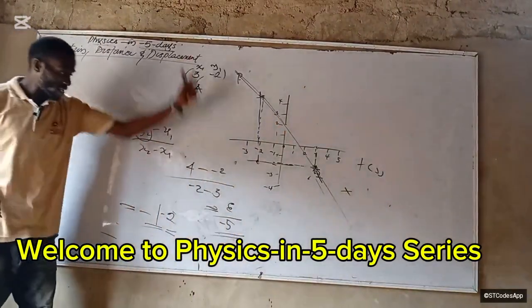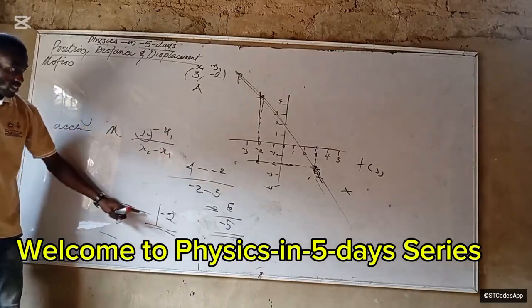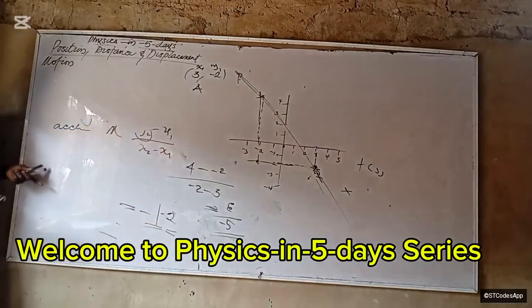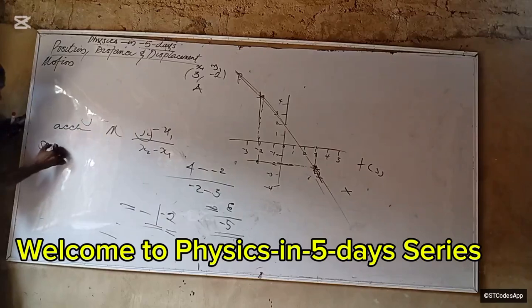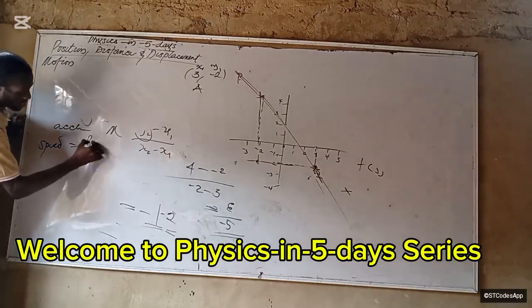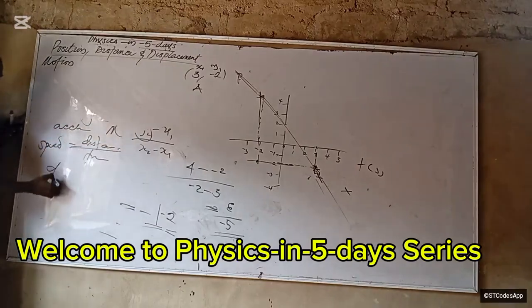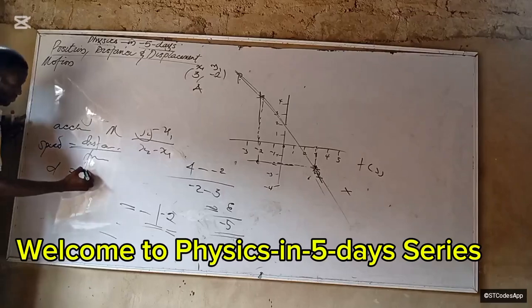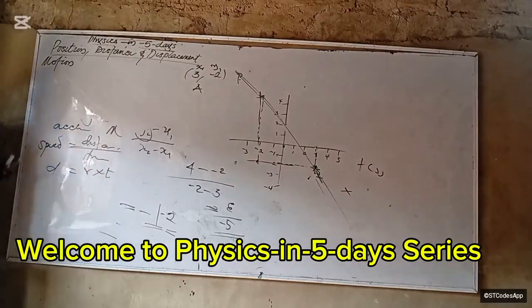If you are given the speed, you can check the distance, because speed is equal to what? Distance over time. So distance will be equal to what? Speed times time. Is it clear? All right.